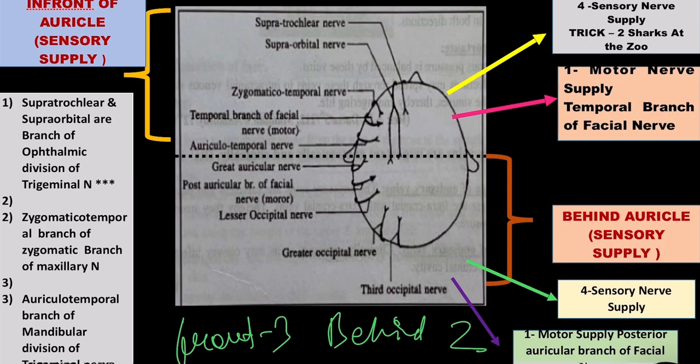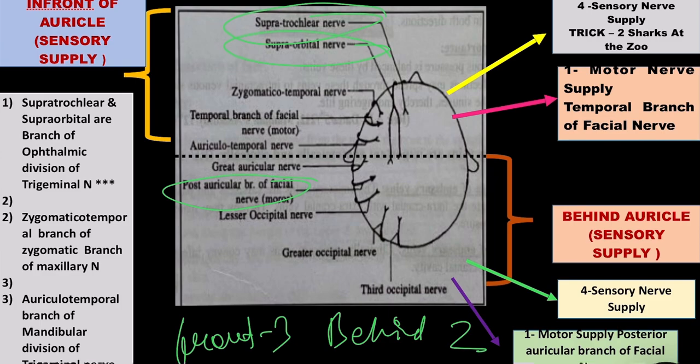In front, I have marked on both sides, we have the supratrochlear artery, supraorbital artery, and the superficial temporal artery. So this is important over here. Whereas below we have the posterior auricular, which is a branch of the external carotid artery, and then we have the occipital artery over here.